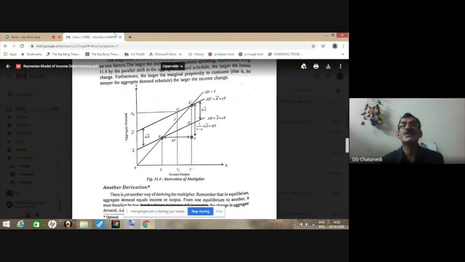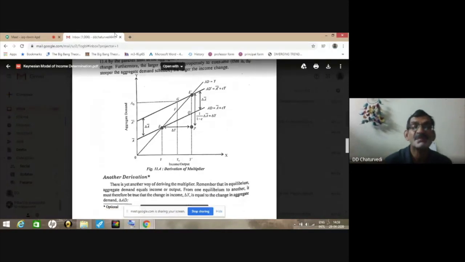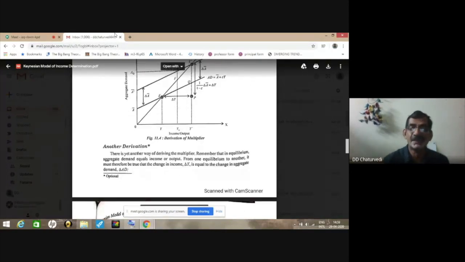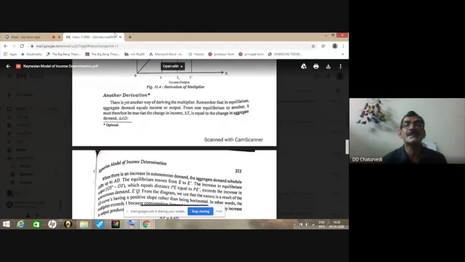This is equal to E dash P. And this E dash P is equal to 1 upon 1 minus C multiplied by delta A bar, which is equal to delta Y. Plus, do remember that delta A bar is much less in comparison to delta Y. Now another derivation is optional, so I'm skipping this.